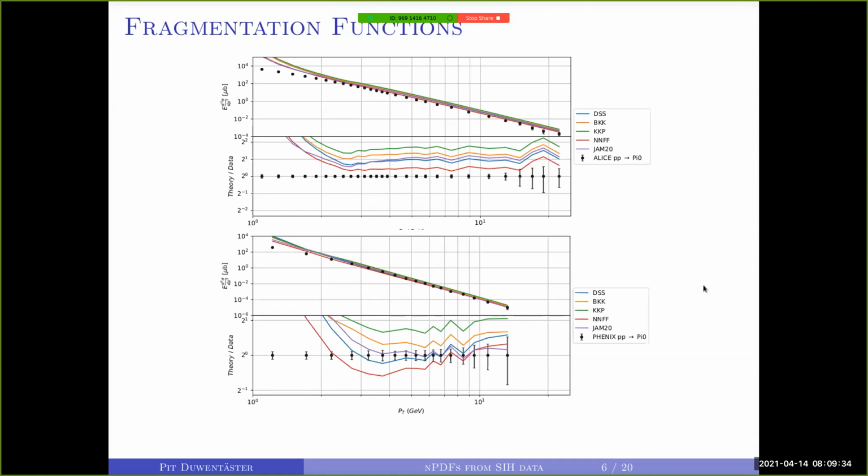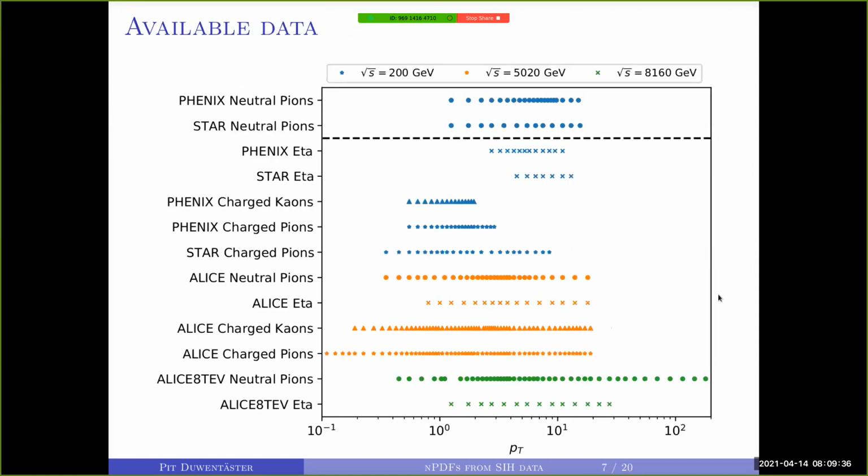And then here I have charted the data that is now available. These first two sets were actually already included in nCTEQ15 and also EPPS16, which is neutral pion production at RHIC. And now we include ALICE data sets, one at 5 TeV and one at 8 TeV, for neutral pions, charged kaons, and eta mesons.